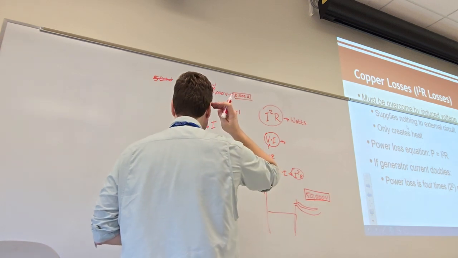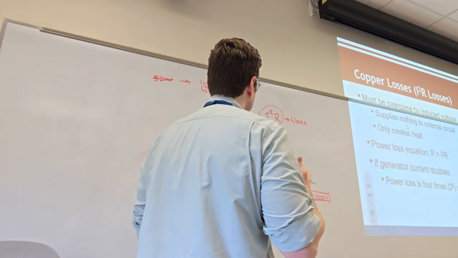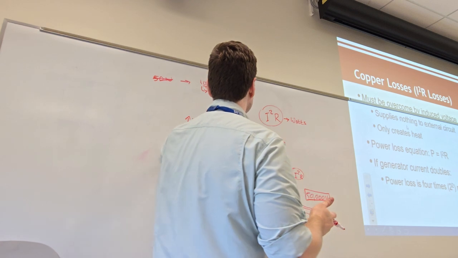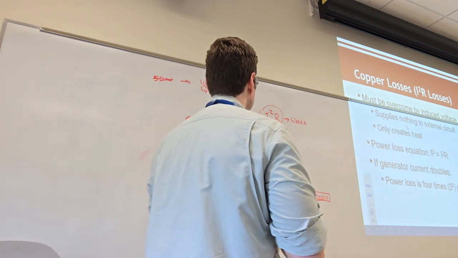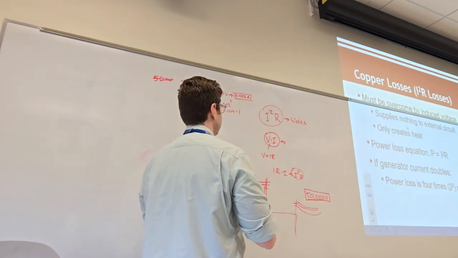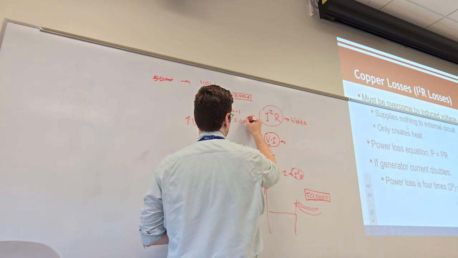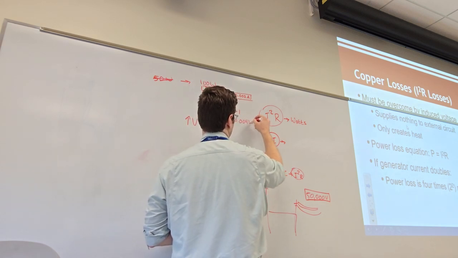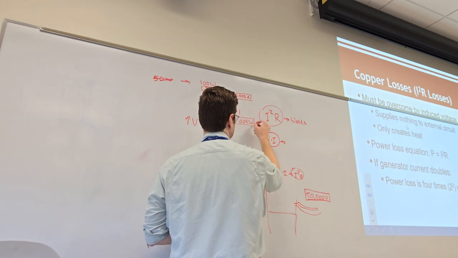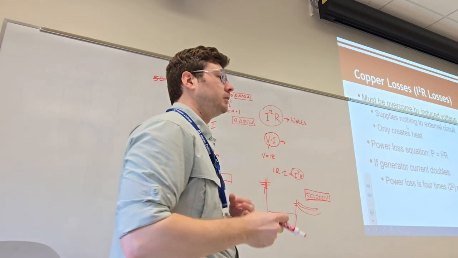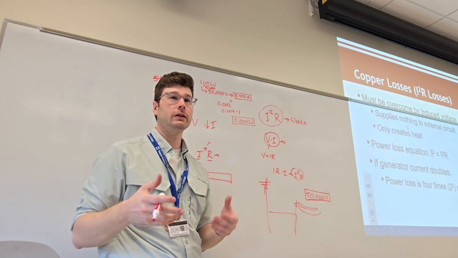If we assume that the cable connecting our source of 50,000 volts to our hair dryer had a resistance of 1 ohm, the energy that we lose is 0.004 watts. That's how much we lost in the line just transmitting power to that device.